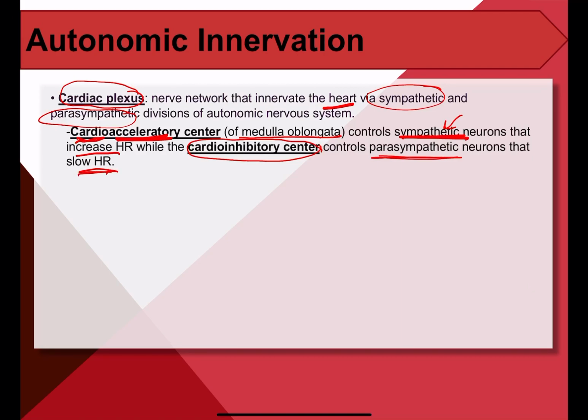This is you in your nice rest and digest mode on your couch taking a nap. That's when your heart rate can go down, as started by your cardioinhibitory center within the brain. So this is when the brain intervenes in your heart rate. Your heart rate is set by your pacemaker cells, but the brain can intervene whenever there is a necessary means to. And I'll talk about when that's the case.